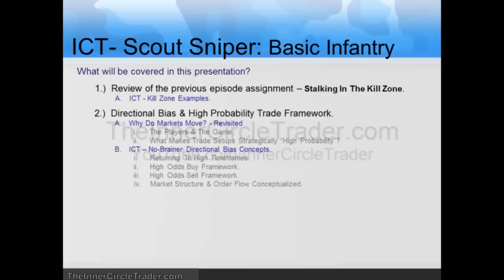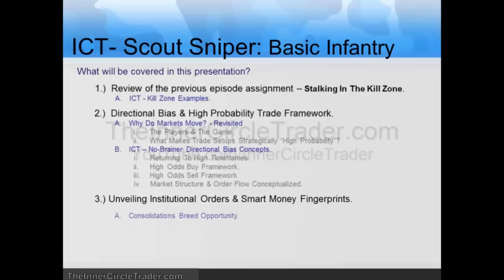We're going to be looking at market structure and order flow conceptualized. We're going to be discussing and unveiling institutional orders and smart money fingerprints. And we're going to be looking at how consolidations breed opportunity and what we look for and why it matters inside those consolidations. We're going to be looking at institutional order blocks.